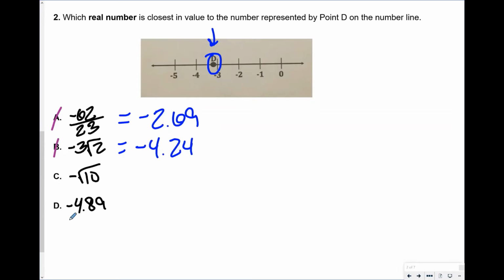We go to D. We have a negative to the square root of 10, or the square root of -10, and this gives us -3.16.